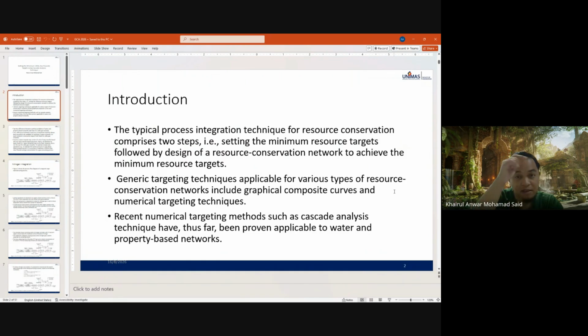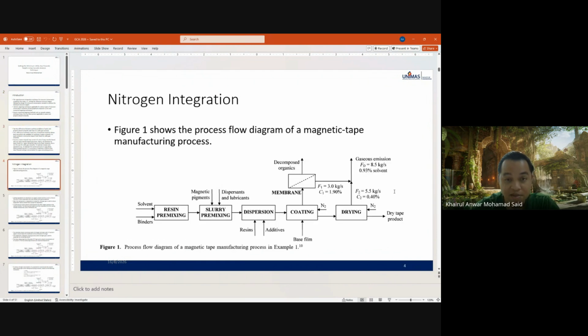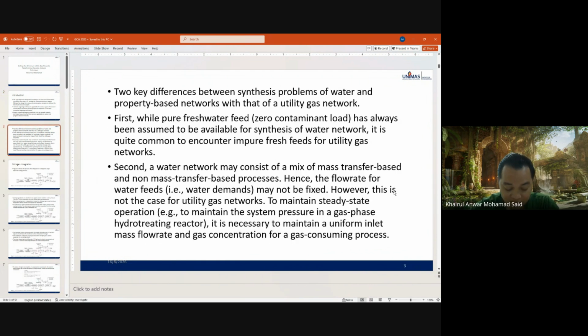That demand must be uniform and steady because you are channeling the gas into the system. So let's say for the reactor or hydrotreating, they need a certain fixed amount to do the reaction, correct?